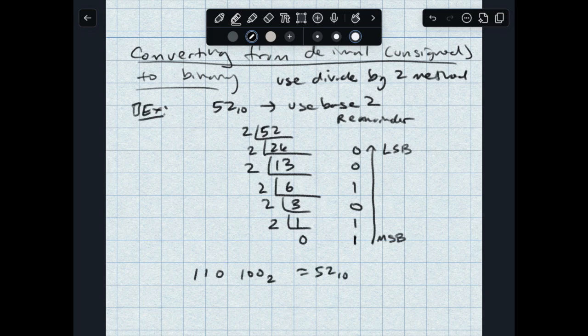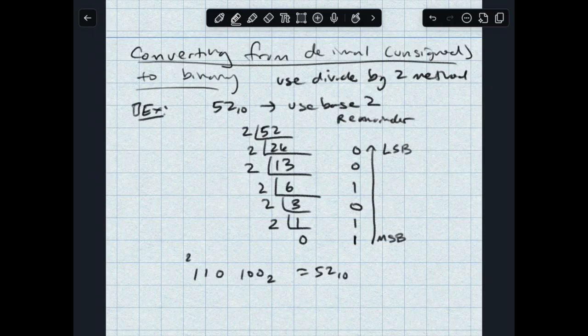I just want to highlight that this representation has the fewest number of bits that I can use. So this is a 6-bit binary value, which means that the largest place is 2 to the 5th.